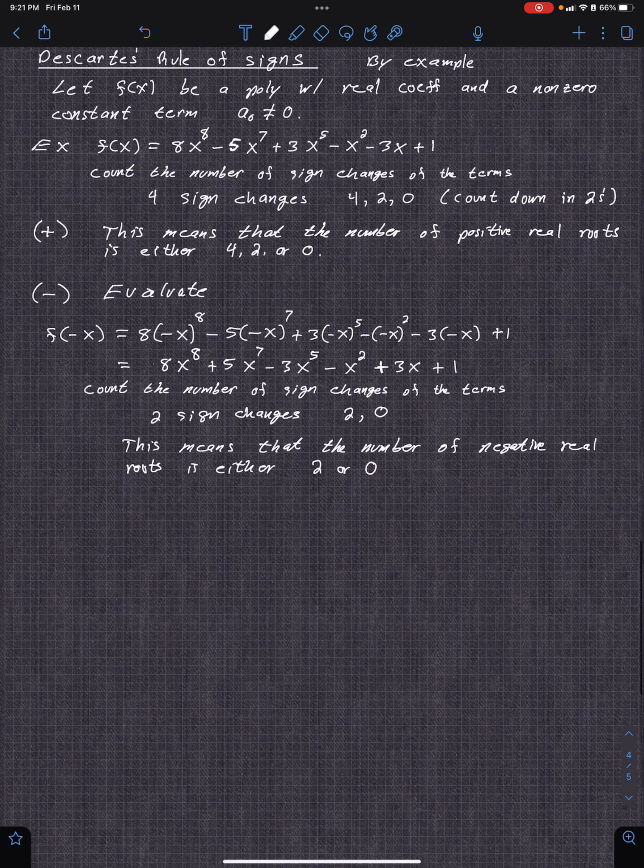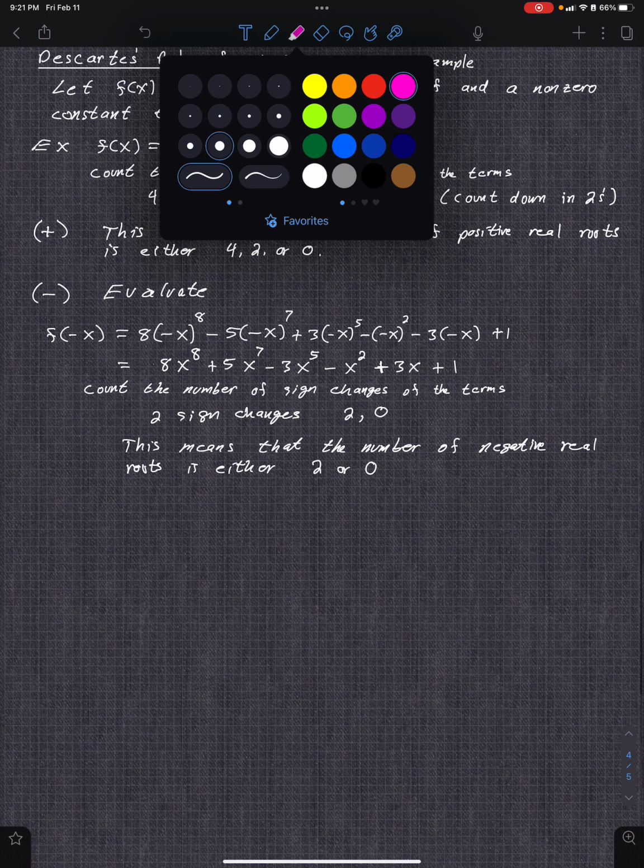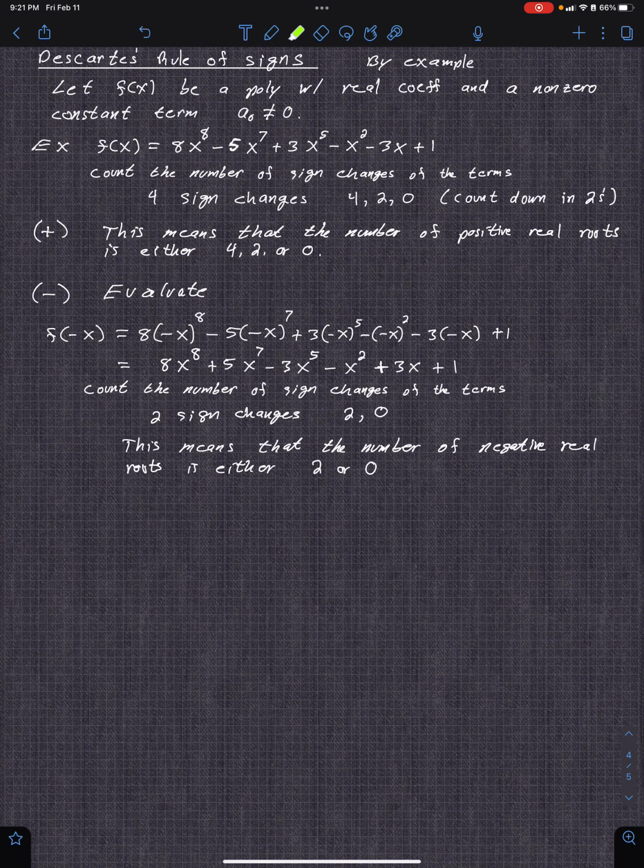Let me do a couple of highlights here. The negative case is 2 or 0, and the positive case is 4, 2, or 0.